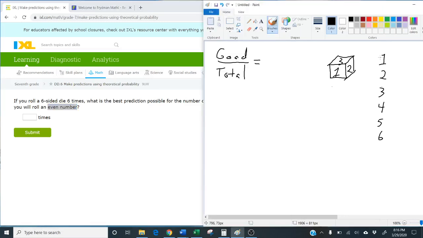Okay, so if I do 1 divided by 2, I get a decimal, I get 0.5. So that's not an even number. If I do 2 divided by 2, I get 1, which is a whole number.